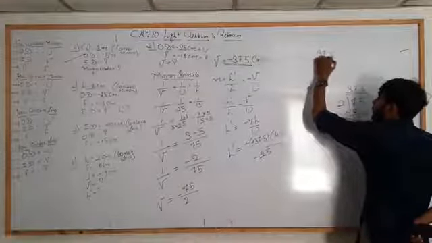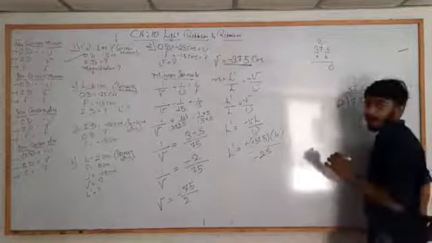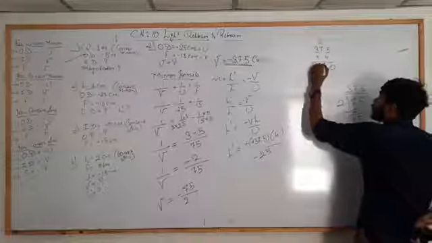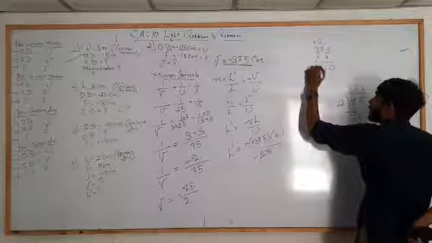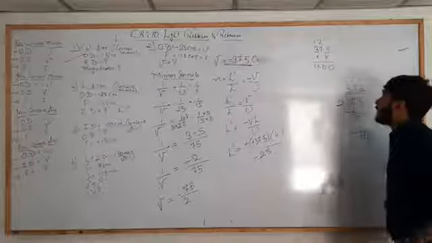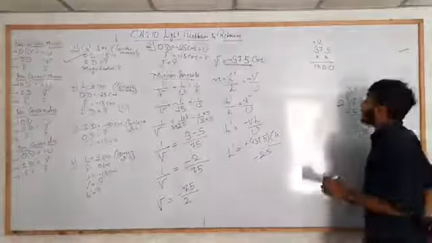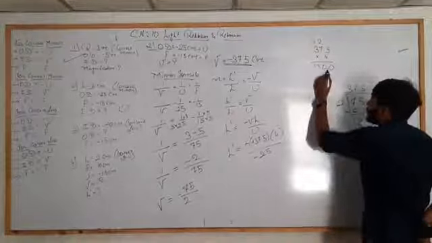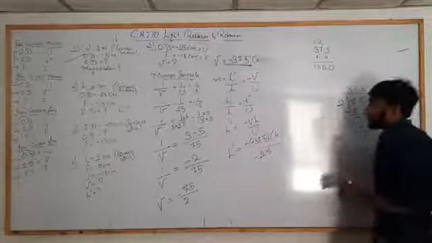37.5 multiplied by 4. So 5 4s are 20, 7 4s are 28, 28 plus 2, 30, 4 3s are 12, 12 3s are 12 plus 3, 15. Okay, and so that becomes 150. Okay, because keeping one decimal point over here because of this. So that is 1500.